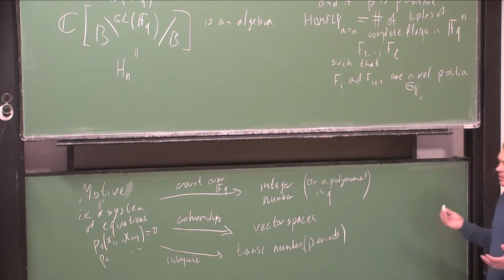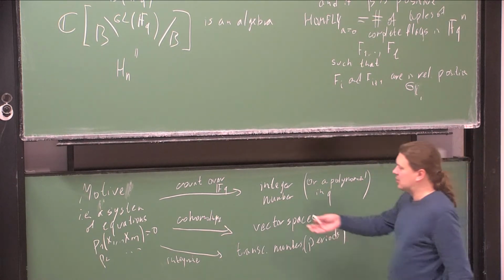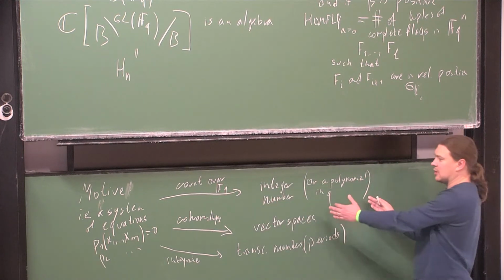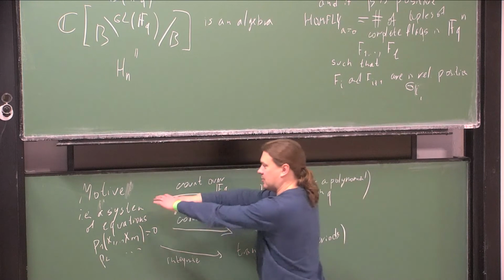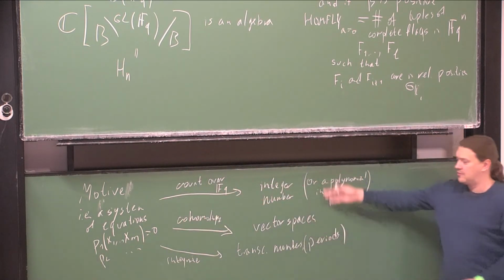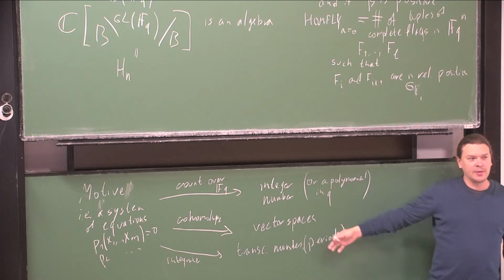So in number theory, whenever you see something on the right, you try to think about some kind of motive hidden behind it. And then you should think about its different realizations.